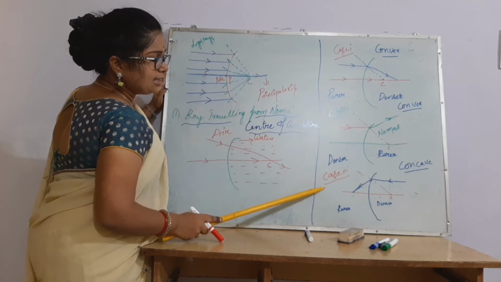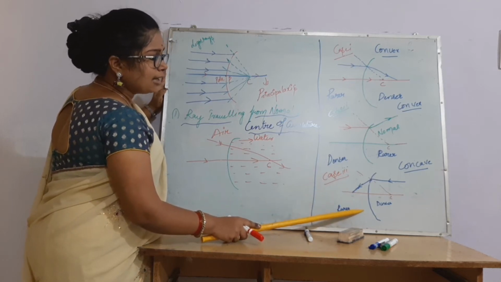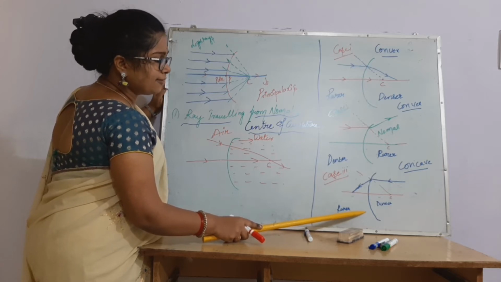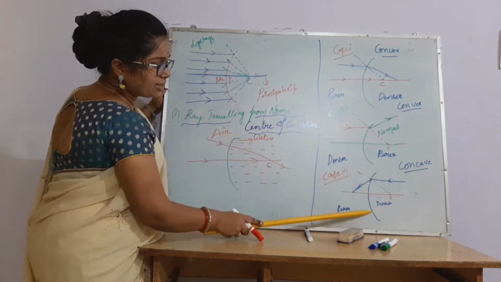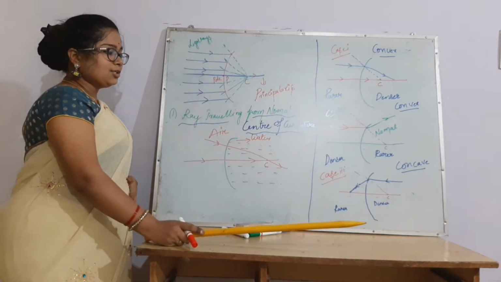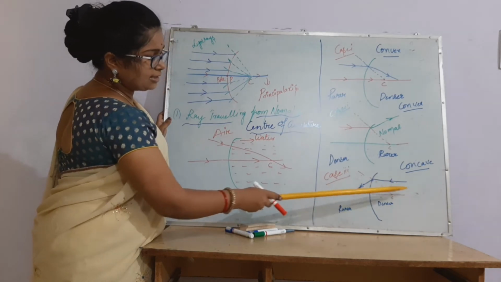And this is the third surface, the concave surface. This is convex, this is convex, and this is the concave surface, isn't it? The surface curves inward like this.